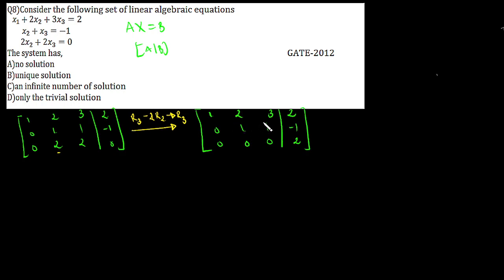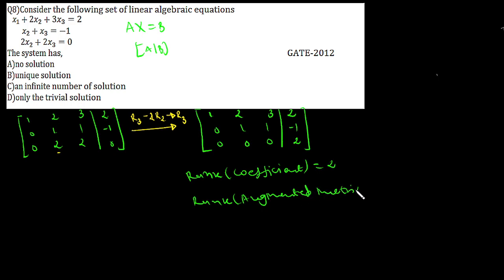Here the number of non-zero rows is 2. So the rank of the coefficient matrix is 2, and the rank of the augmented matrix is 3, because in the augmented matrix we have to include this last column, and here the entry is non-zero, so we also have to consider this third row. So the number of non-zero or independent rows is 3 for the augmented matrix.